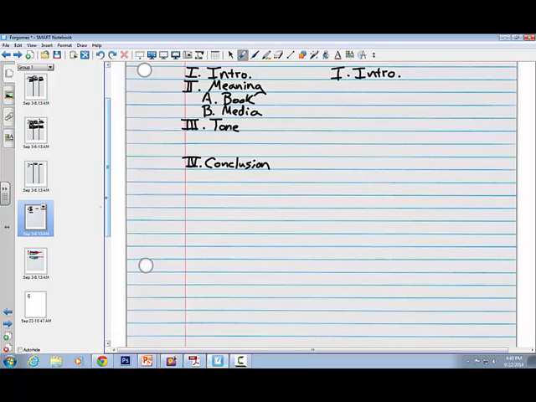Now, just to point out here, if you're going to go above and beyond, you're going to go for the A. You're going to try to exceed the standard and get into that advanced learning. You're going to need to incorporate a third reference here. So maybe you actually find a version of the play that you can watch.